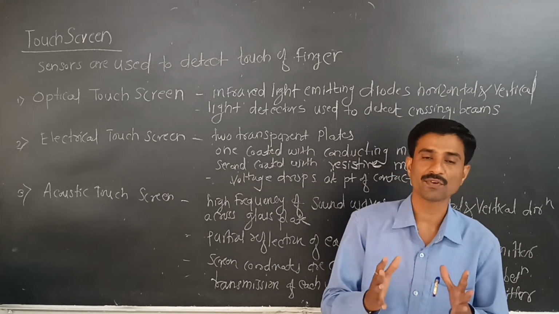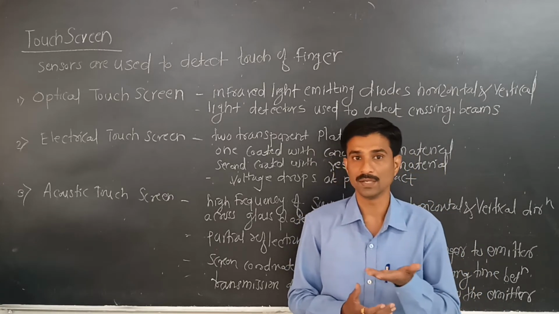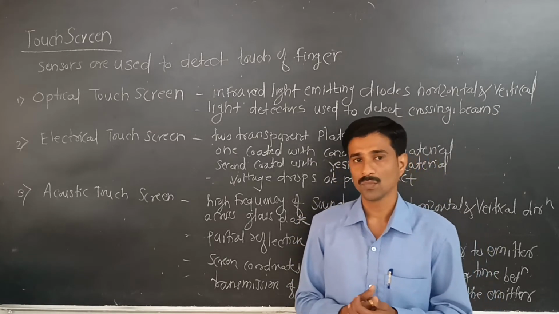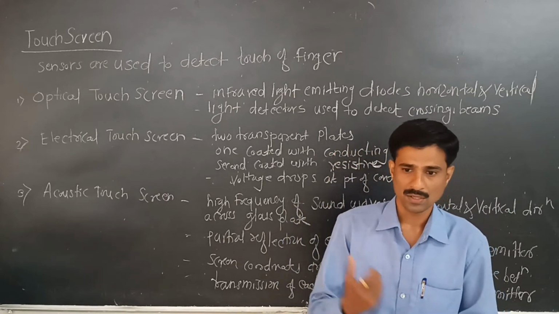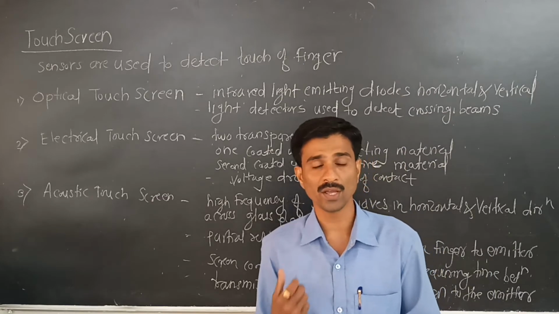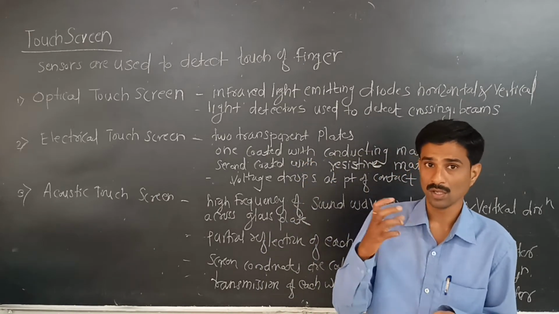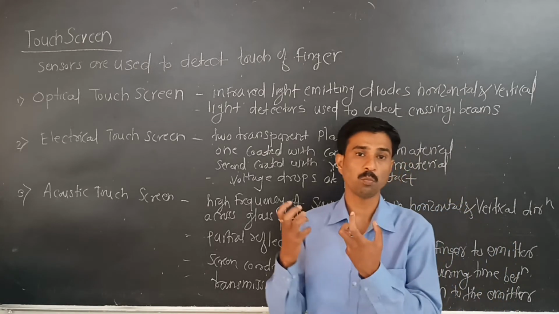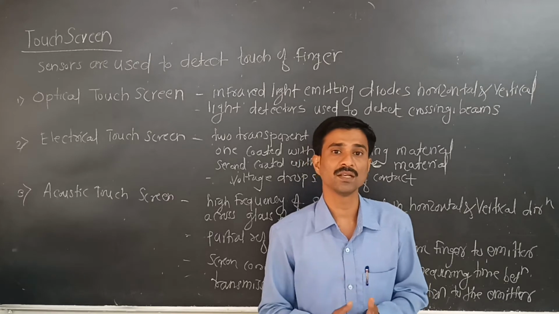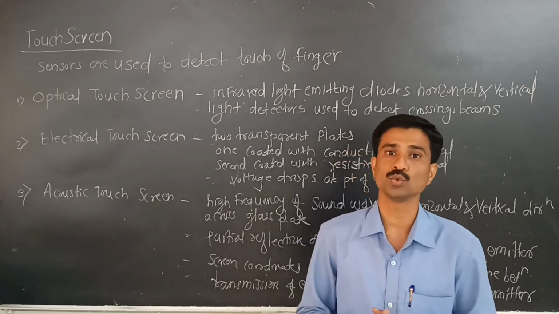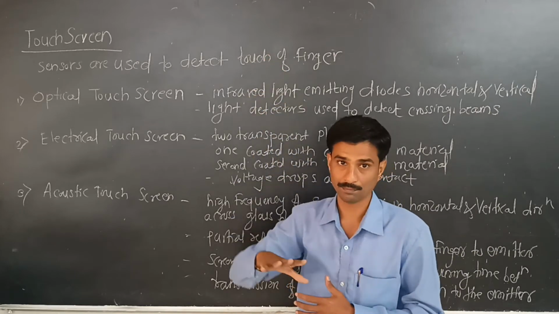We are using different sensors on that display, and because of those sensors, they sense where we are touching the screen, or they detect the point of contact of our finger. So basically the sensors are used to detect the touch of the finger.